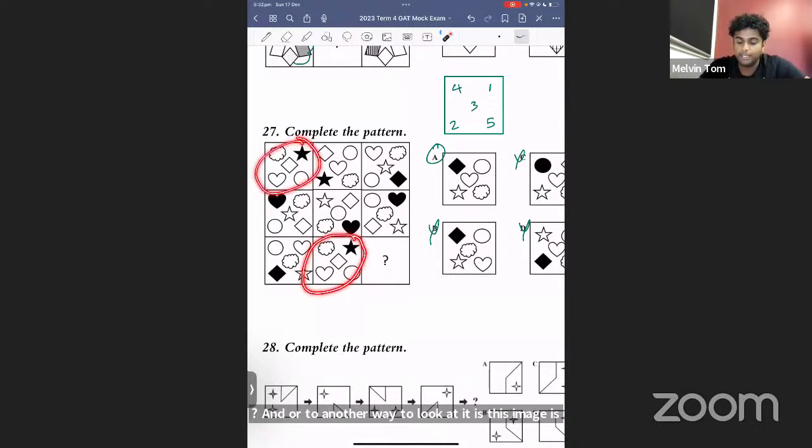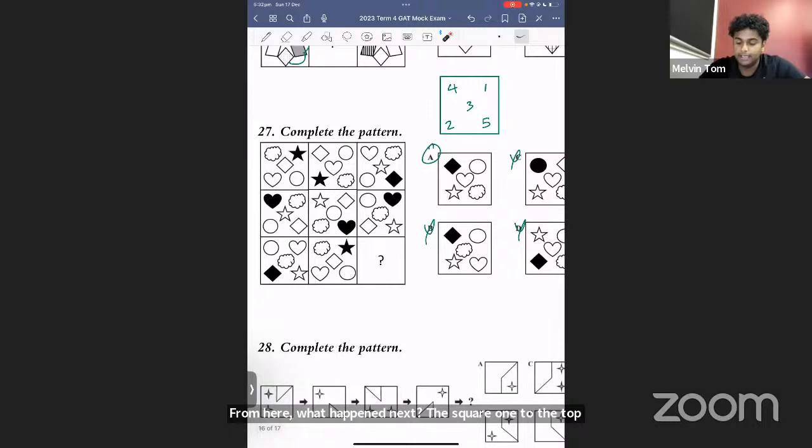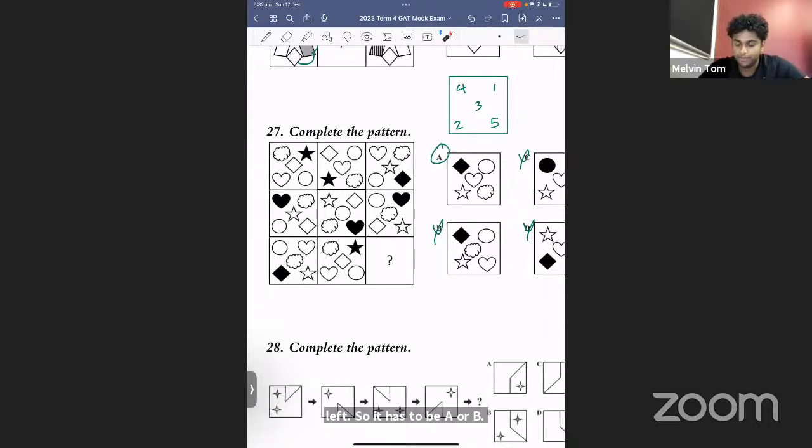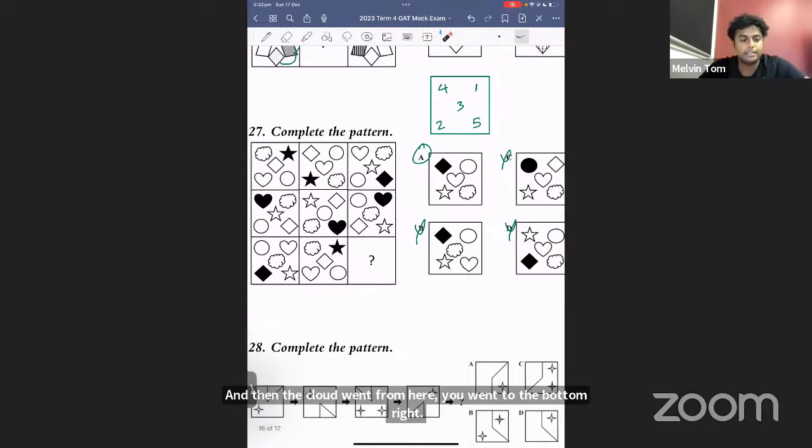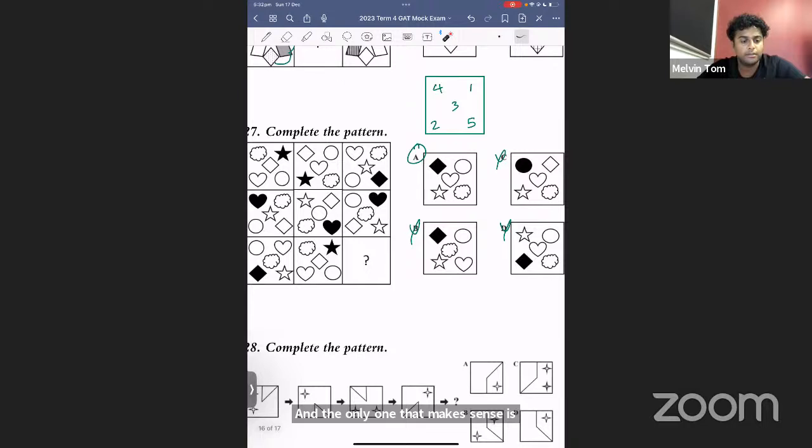From here, what happened next? The square went to the top left, so it has to be A or B. And then the cloud went from here to the bottom right. And the only one that makes sense is A. Do you understand? Yes.